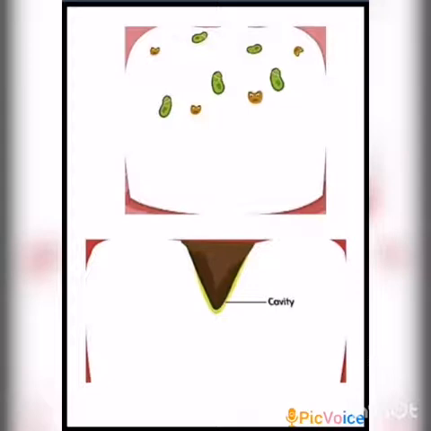In the second picture you can see the cavities, which cause pain and make it difficult for us to eat our favorite dishes. So we should take care of our teeth.